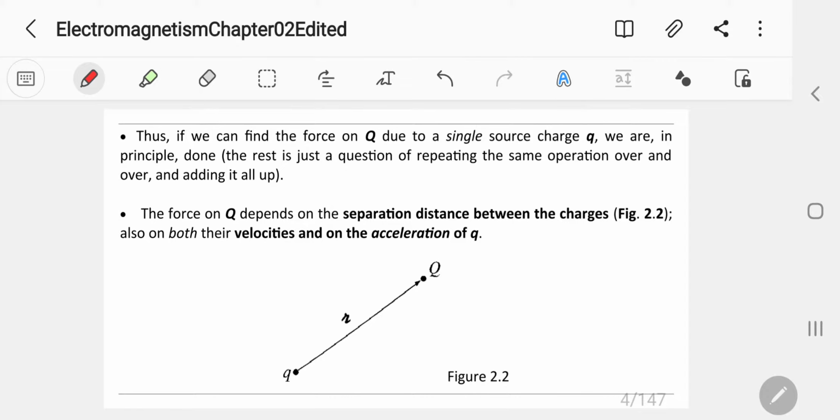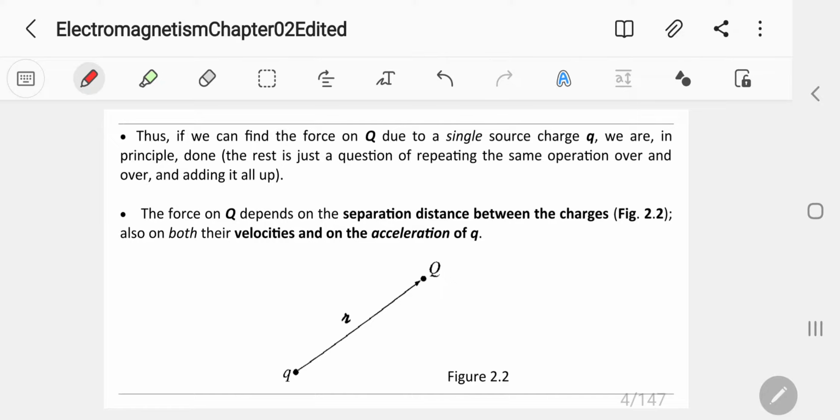So the total force on Q is just the sum of each of the forces due to the discrete distribution of source charges. The force on Q depends on the separation distance between the charges.